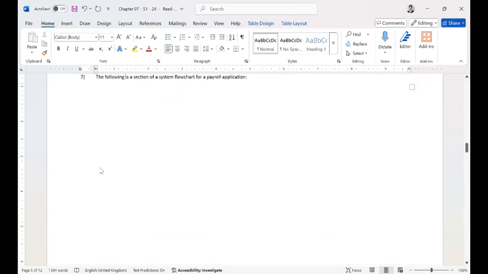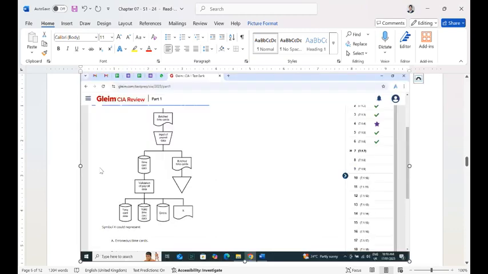The following is a section of a flowchart for a payroll application. What is symbol X?